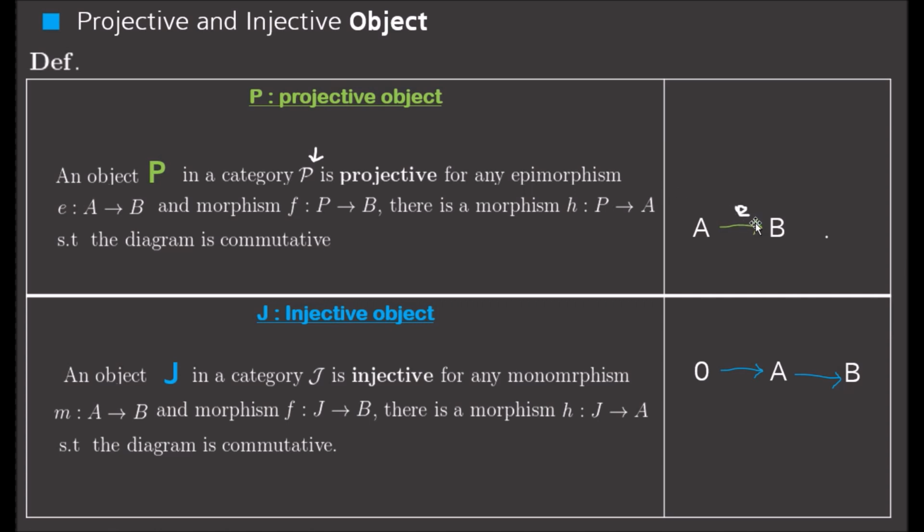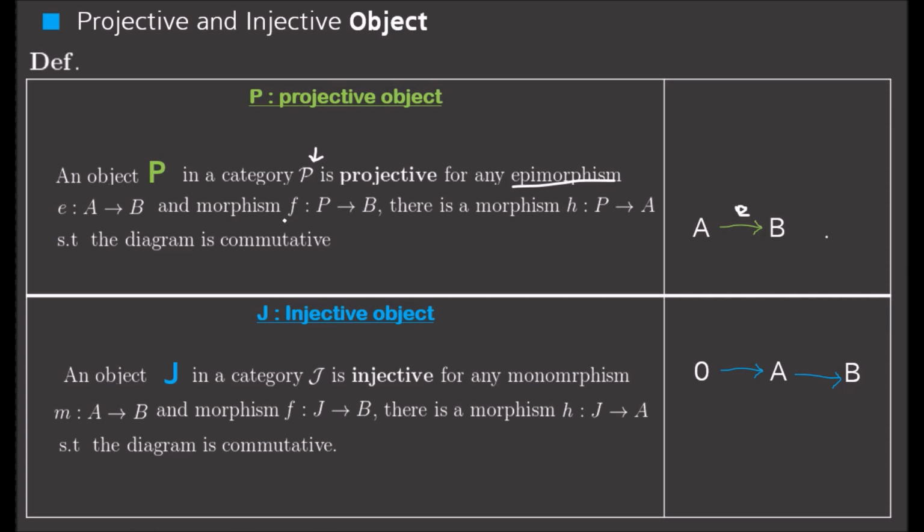We know this exact sequence says that the map E from A to B is clearly an epimorphism. Note that this is just a morphism, an epimorphism, not a function.